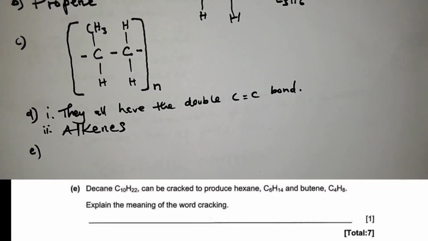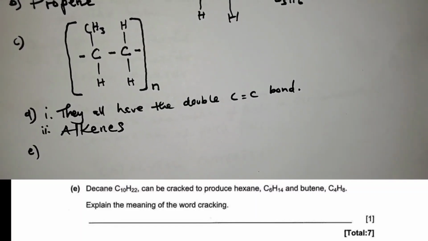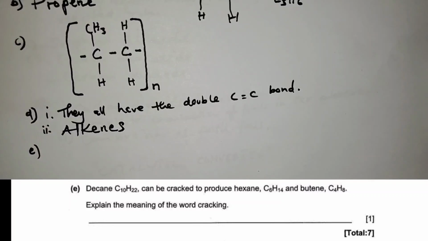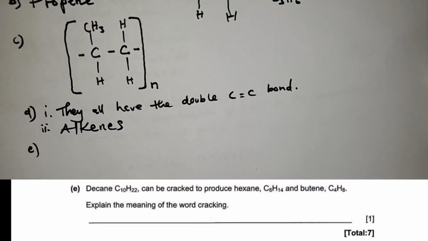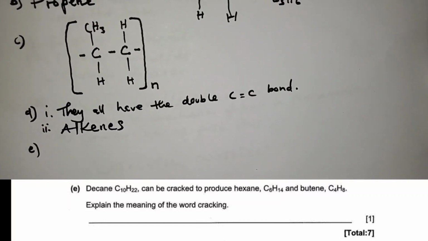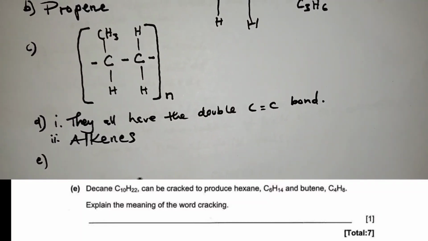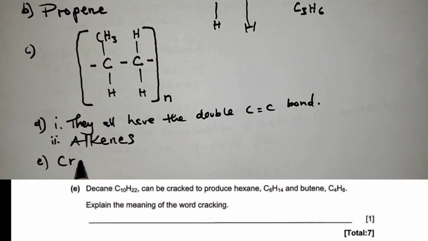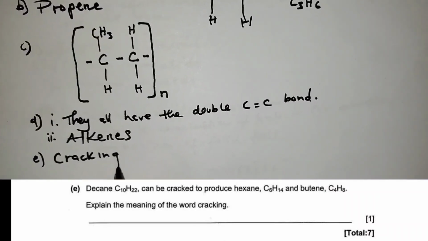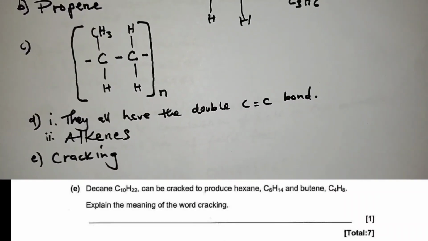Decane can be cracked to produce hexane and butene. Explain the meaning of the word cracking. So they are just asking us to define cracking of hydrocarbons.